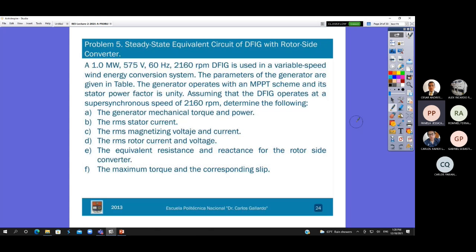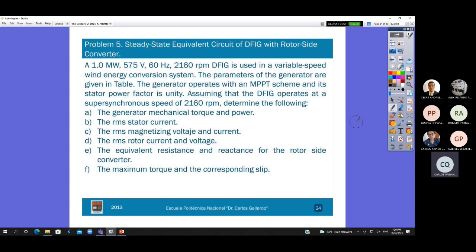Letter B, the RMS stator current, the RMS magnetizing voltage and current, and letter D, the RMS rotor current and voltage. Letter E, the equivalent resistance and reactance for the rotor side converter. Letter F, the maximum torque and the corresponding slip. Thank you.